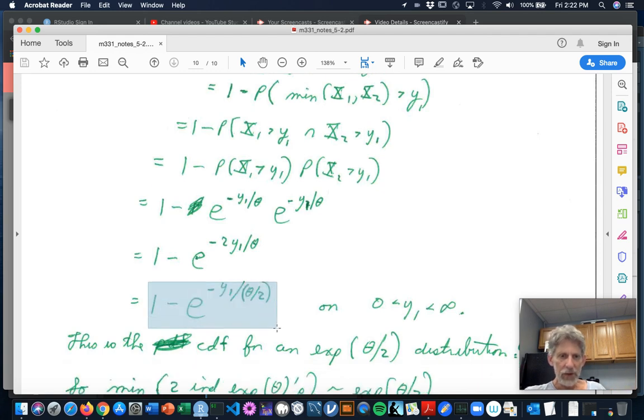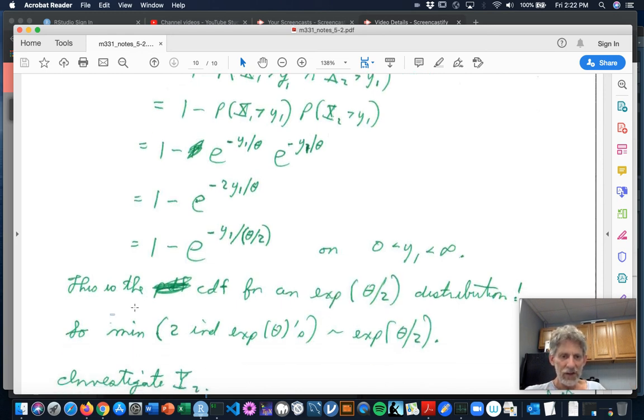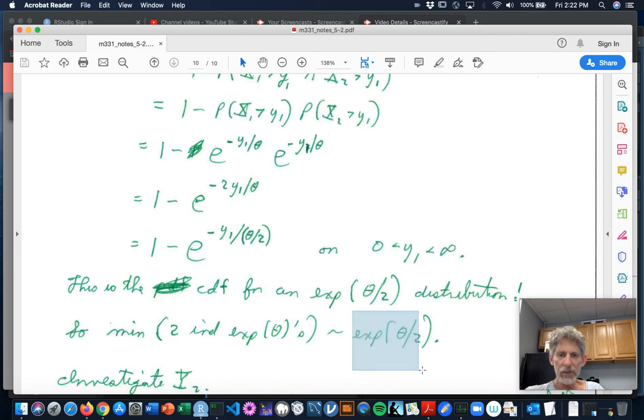I do that because when I stare at that, I realize, wait a minute, that's the CDF for an exponential random variable with parameter theta over 2. So what I've just found is that the minimum of two independent exponential thetas is also exponential theta, but with half the expected value, which kind of makes sense, but it's still cool.